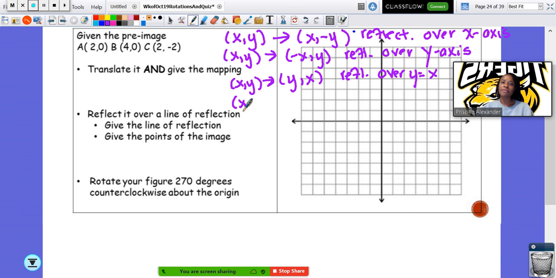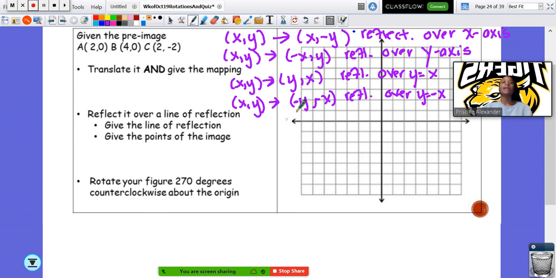And if I have this to happen, where I switch both y and x, and I take the opposite of both points, then this is a reflection over y equals negative x.